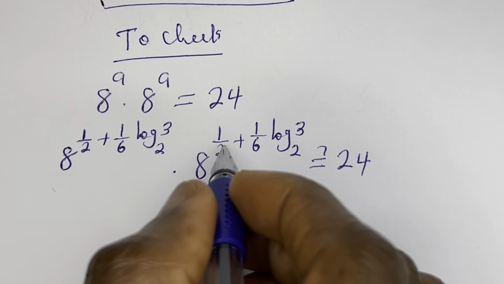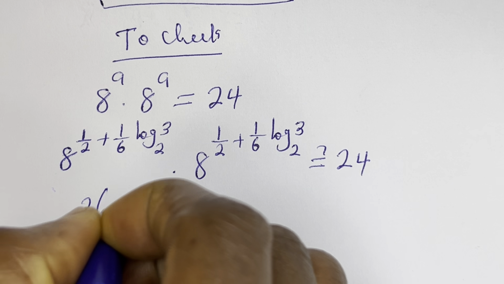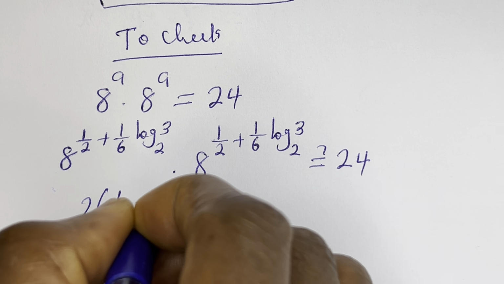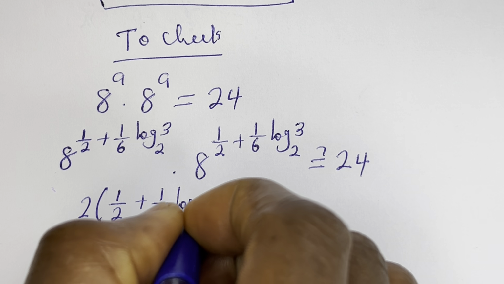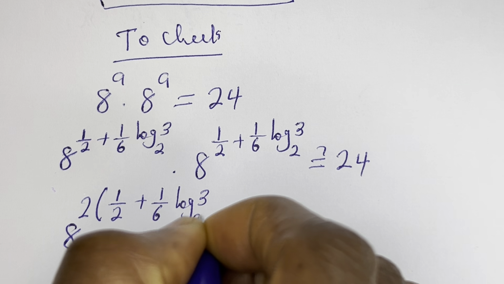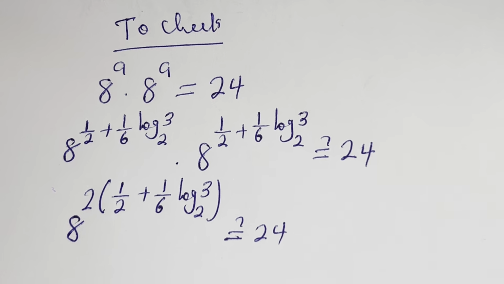And this can be written as 8 to the power of 2 bracket 1 over 2 plus 1 over 6 log 3 base 2 must be equal to 24.